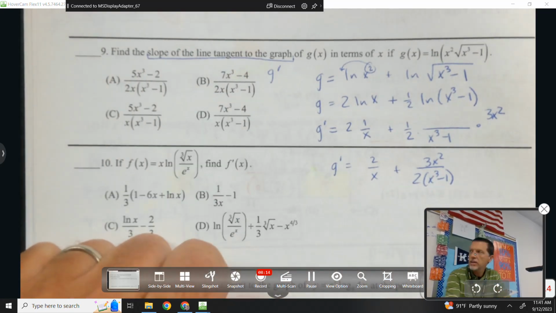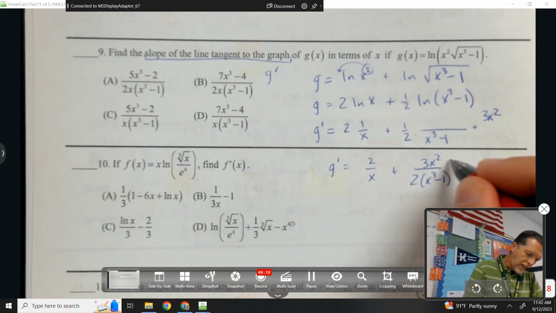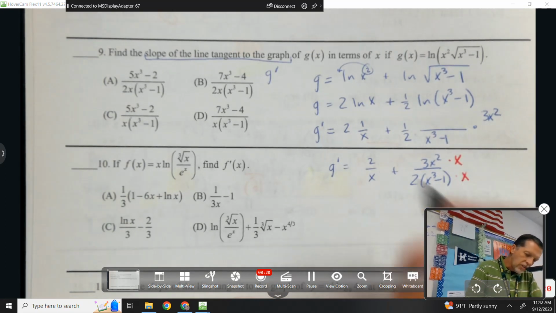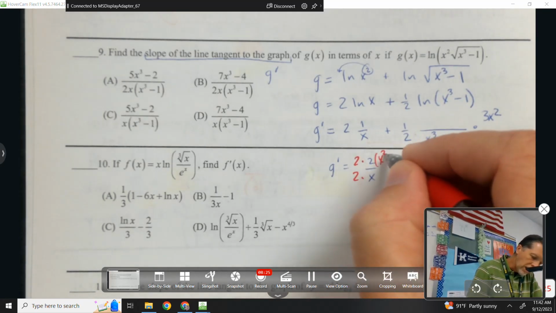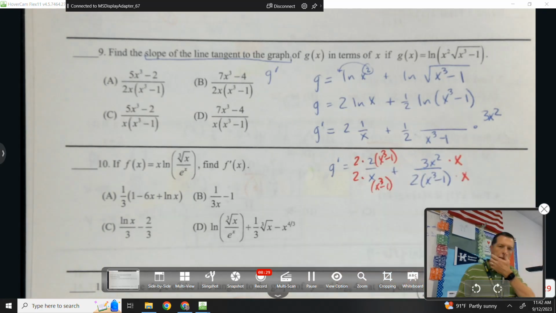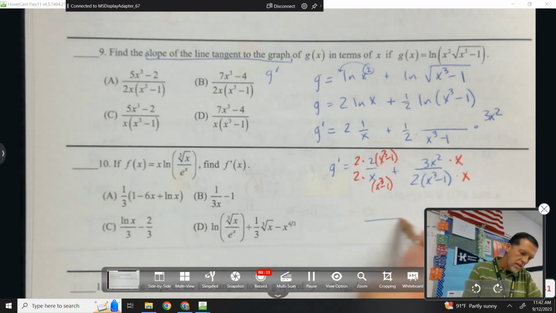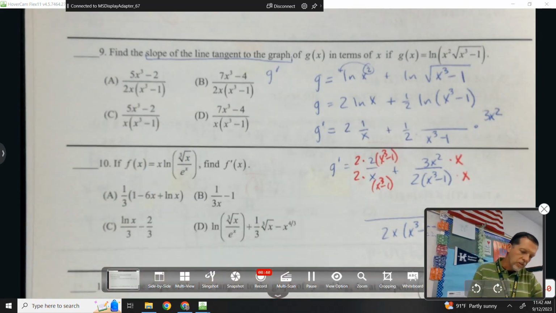Common denominator. So let's see, this one just needs an x, that's the easy one. This first one needs a 2, and then x cubed minus 1. So my denominator is good, 2x, x cubed minus 1, which matches some of my answer choices, so I'm feeling good.